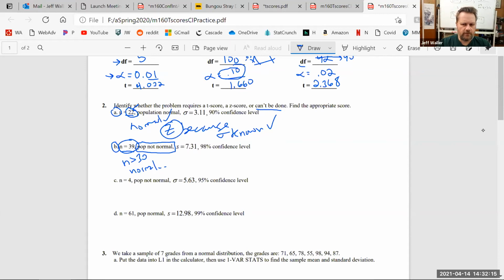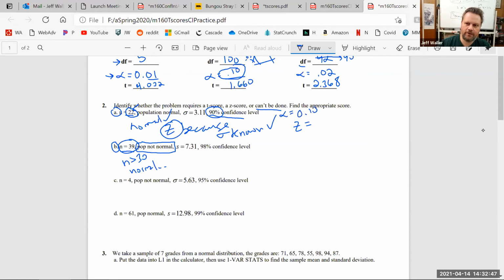So take a minute and figure out what that z-score would be. Don't say anything. It's a 90% confidence level. You can use the t-score chart to find this. What would alpha be? 0.10.